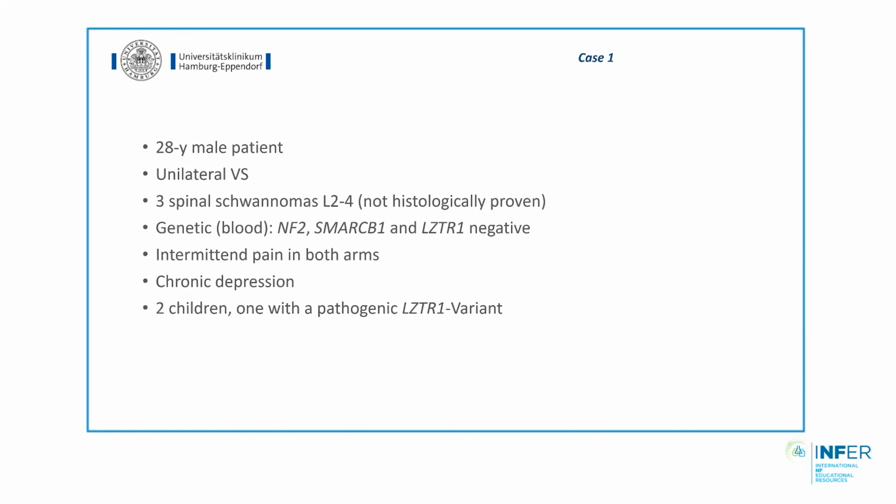The patient suffers from intermittent pain in both arms and chronic depression. Interestingly, one of his children has a pathogenic LZTR1 mutation in blood, but no symptoms yet. Taking into account that these mutations do not have full penetrance, it is not proving the non-NF2-related schwannomatosis in this patient. Both are possible: mosaic NF2-related and non-NF2-related schwannomatosis.